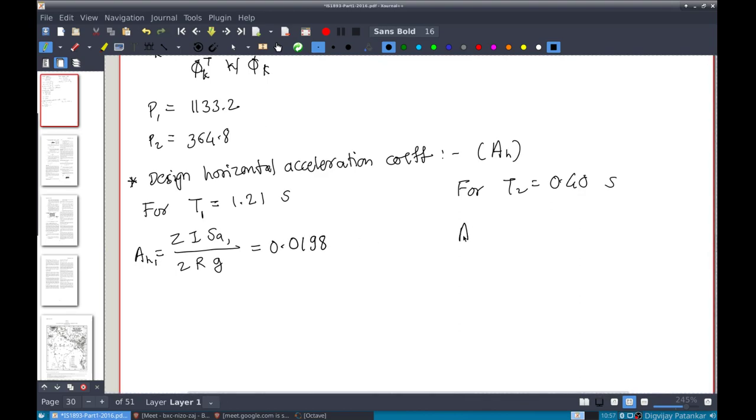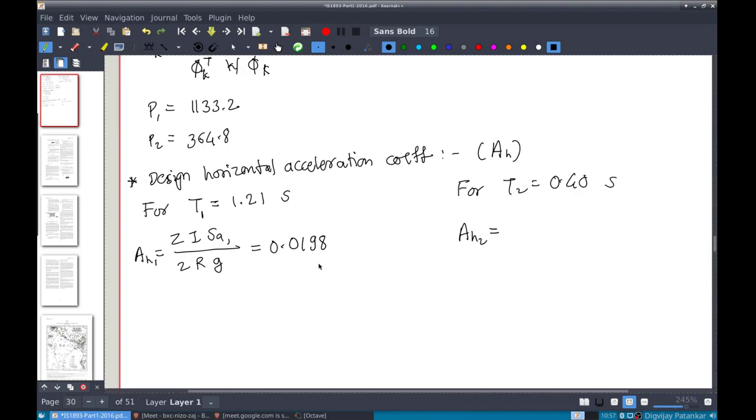Okay, and Ah2? I don't know these values, so just check. Everybody should confirm that. Ah2 for 0.4. Ah1 is same, sir. 0.0198. Okay, Ah2.